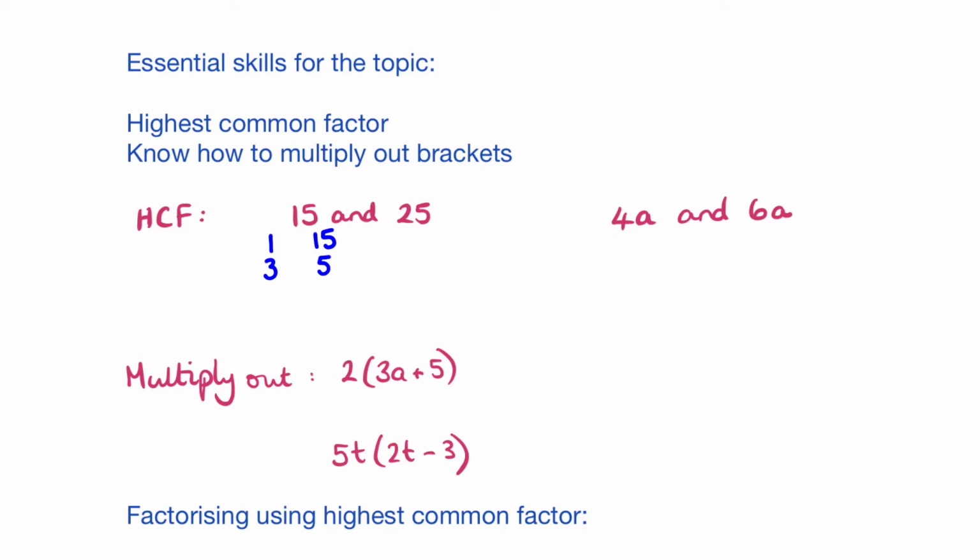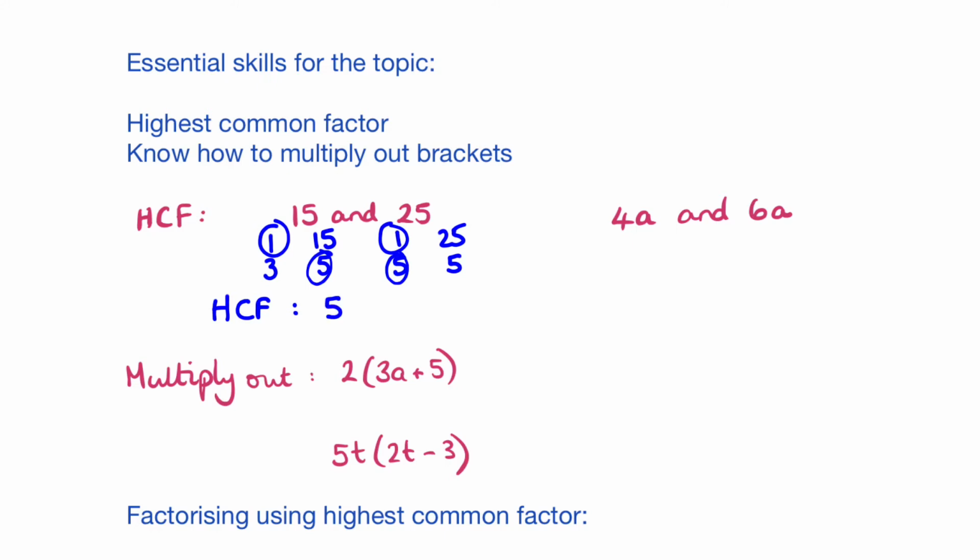Factors of 25 are 1 and 25 and 5 and 5. So the highest common factor of 15 and 25 is the biggest number that's in both lists. If we have a look, we can see 1 is in both lists and 5 is in both lists, and there isn't another number that's in both lists. So 5 is the highest common factor of 15 and 25.